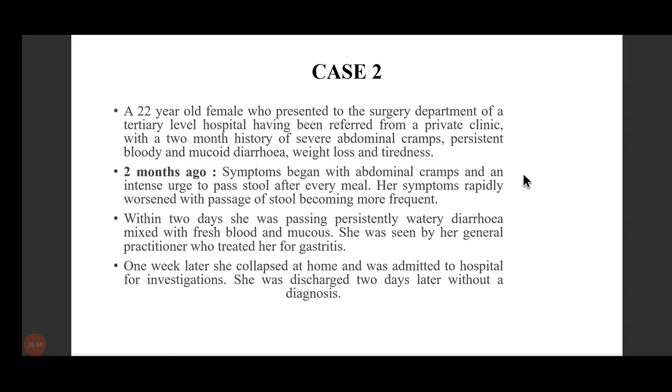Two months ago, symptoms began with abdominal cramps and an intense urge to pass stool after every meal. Her symptoms rapidly worsened with time, becoming more frequent. Within 2 days, she was passing persistent watery diarrhea mixed with fresh blood and mucus. She was seen by her general practitioner who treated her for gastritis.